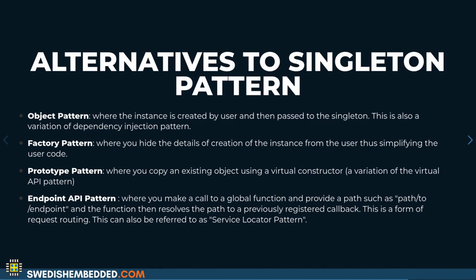And that's called the endpoint API pattern, or also service locator pattern, where you have different services, or in this case, like different files, that are accessible through this single interface. And then you can interact with those services.